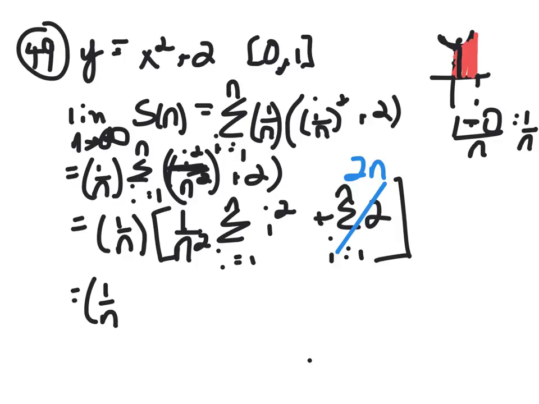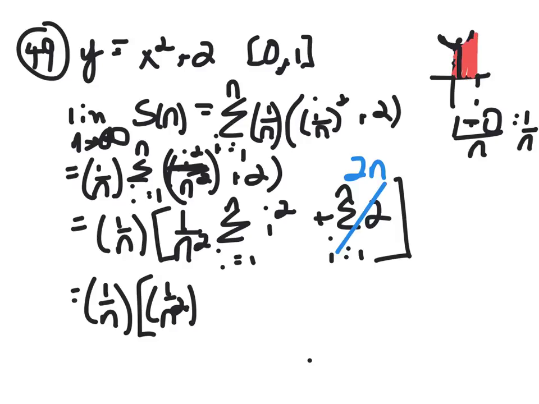So now I have 1 over n times, and then inside here, I've got 1 over n squared. Now the formula for this i squared here, and again, this 1 over n squared just goes with this first sum here.